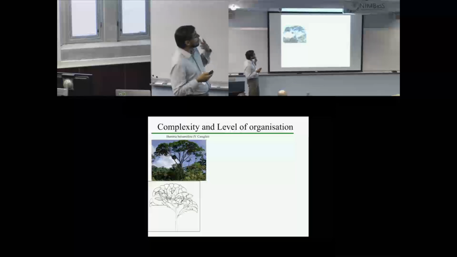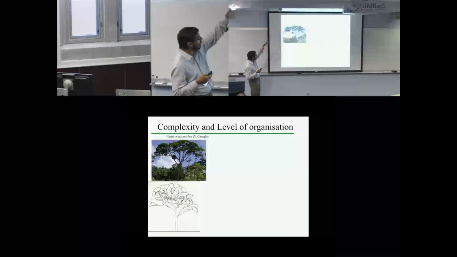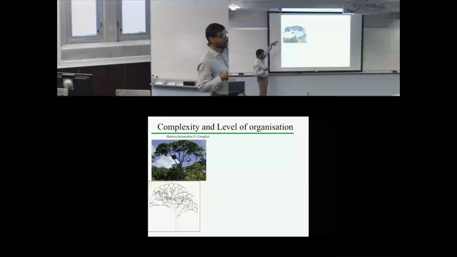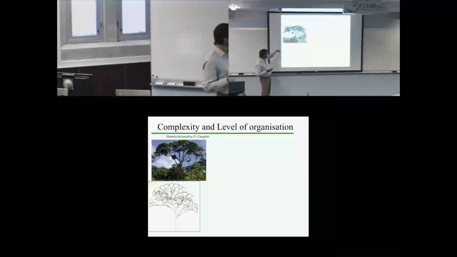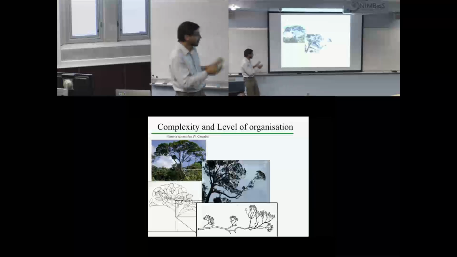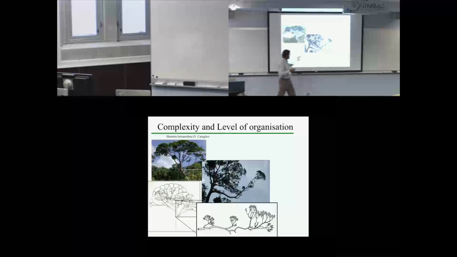And plants are very complex organisms and can be viewed at different levels of organization. So here you have a 40 meter plant, a tree from French Guiana, and botanists will draw this tree composed of crownlets. Each crownlet, you can zoom on one part of the tree and describe how this one crownlet is composed of tree structures.